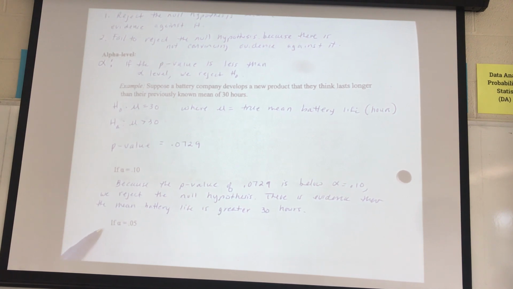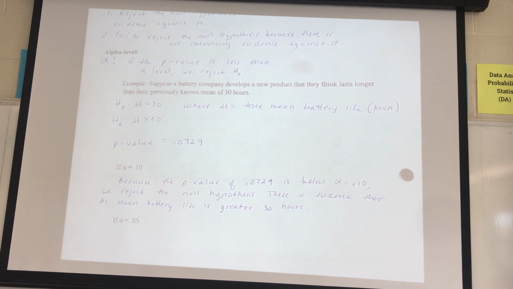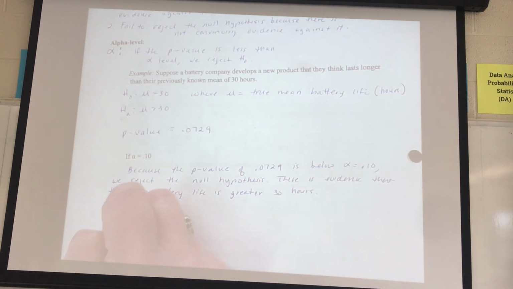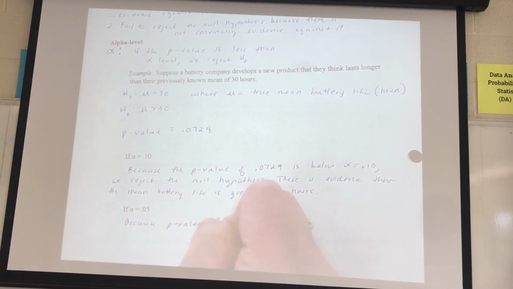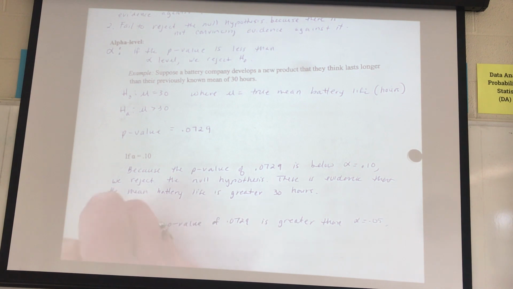If the alpha level was 0.05, I would have to draw a different conclusion. We're going to have to fail to reject. So I would say because the p-value of 0.0729 is greater than the alpha level, we fail to reject the null hypothesis.